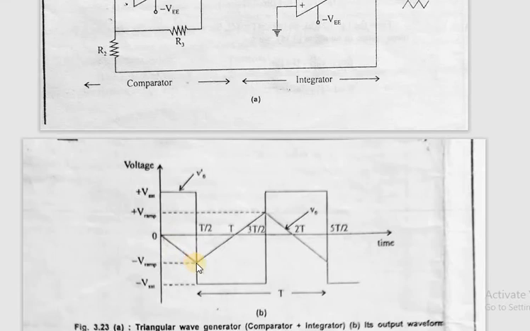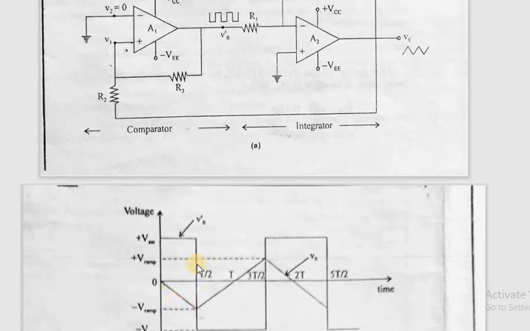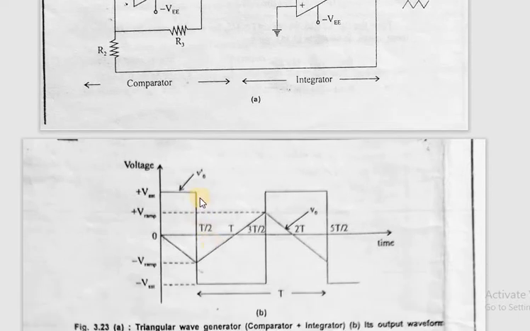At a particular voltage, because of this minus Vramp, the voltage fed to V1 becomes less than V2, that is, it becomes negative. At that moment the comparator resets itself to minus Vsat. So in the output we get a minus Vsat change. Here this change takes place. Now the input of the integrator is minus Vsat.